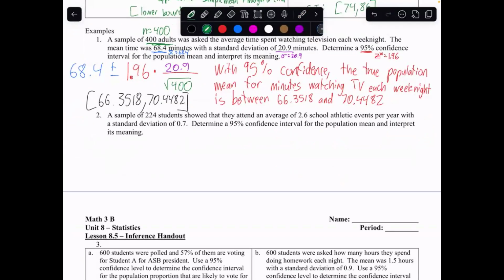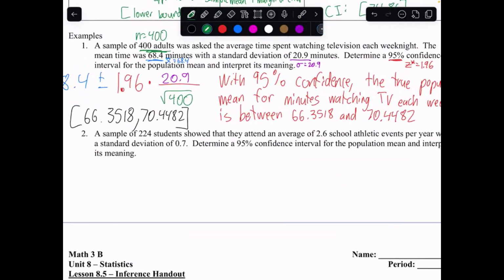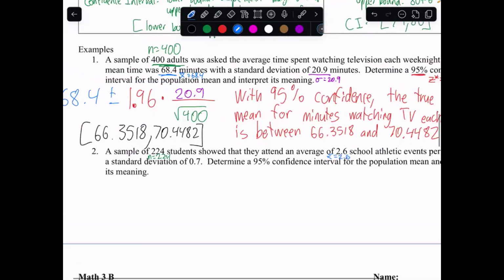All right, so here we had a sample size of 224. The sample mean is 2.6. Standard deviation 0.7.